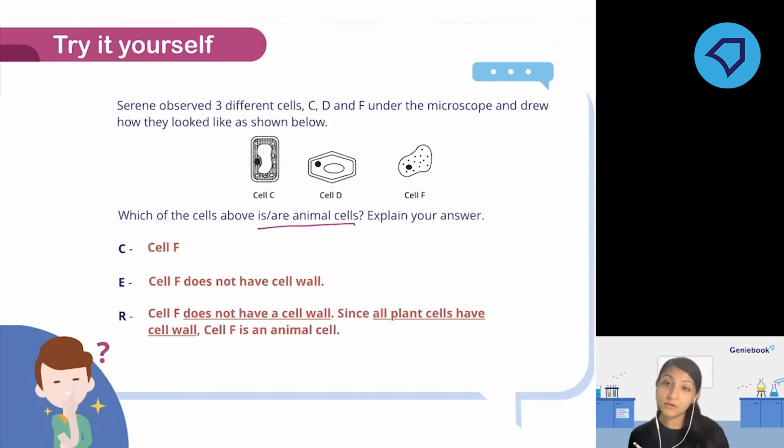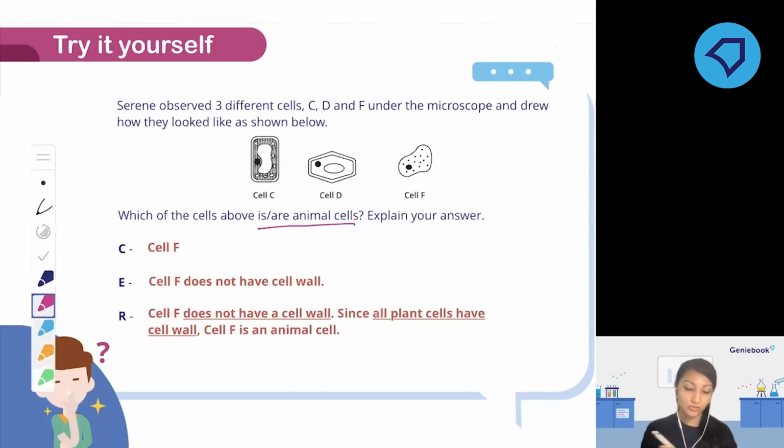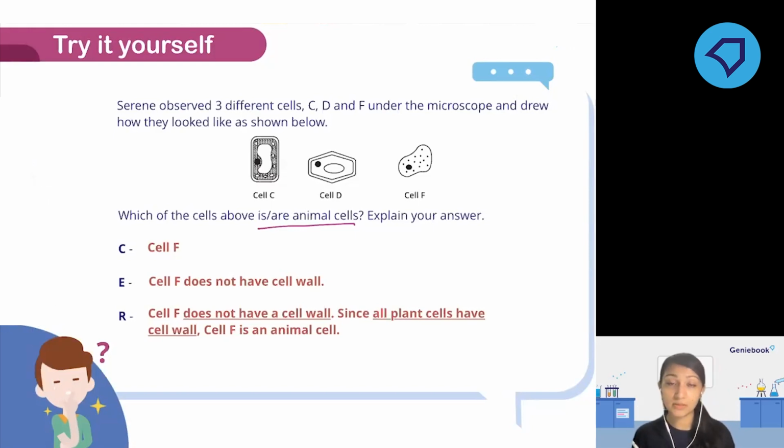Can you write chloroplast? Eva mentioned chloroplast. How about the rest? Do you think chloroplast can be the answer instead of cell wall? No, because not all types of plant cells contain chloroplast. Example of plant cell that does not contain chloroplast, root cells.